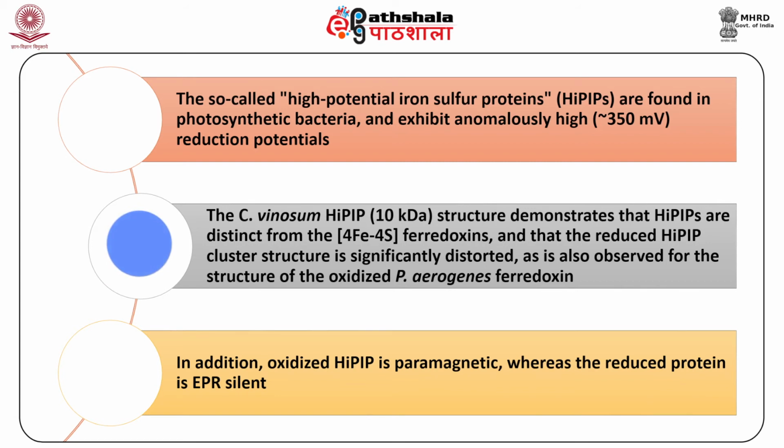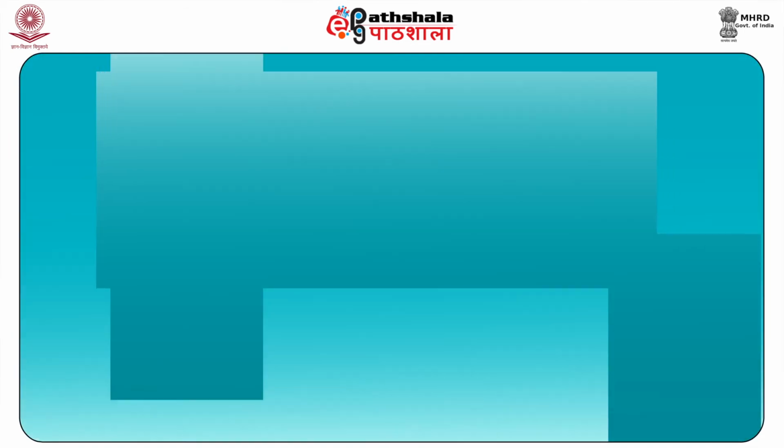The structure of C. vinosum HiPIP, which is approximately 10 kilodaltons, demonstrates that HiPIPs are distinct from the 4-iron 4-sulfur ferredoxins, and the reduced HiPIP structure is significantly distorted, as is also observed for the structure of oxidized P. aerogenes ferredoxin. In addition, the oxidized HiPIP is paramagnetic, whereas the reduced protein is EPR silent.